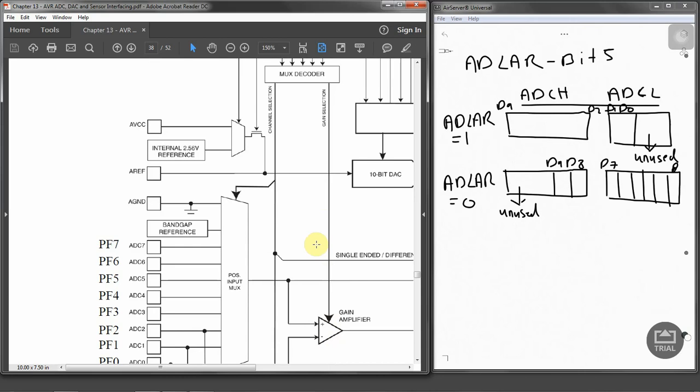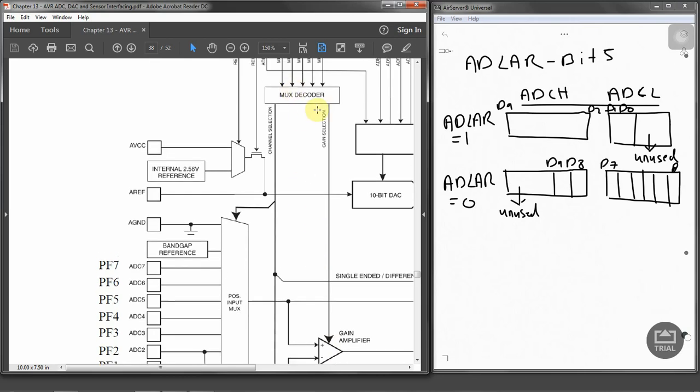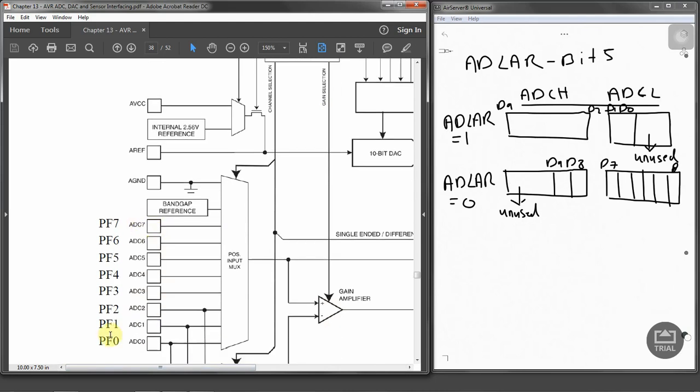The MUX decoder, based on the 5 bits, if you want to have a differential one, also specifies the gain itself, and it also selects which combination of analog inputs are connected to the ADC on this part. Then we have got the ADC input channel over here.